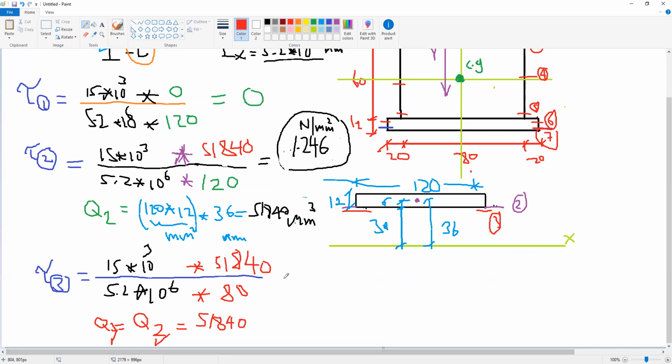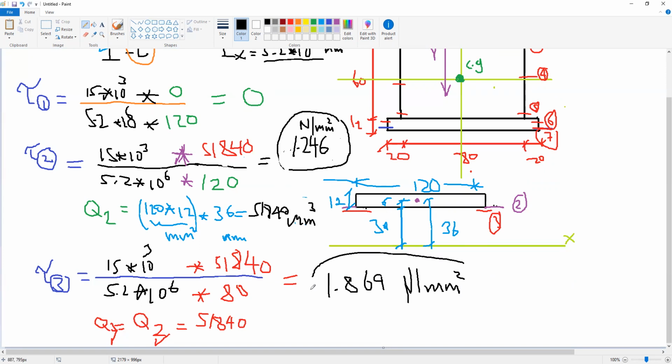So if we substitute in this equation, we find that the stress at section 3 is 1.869 Newton per square millimeter.